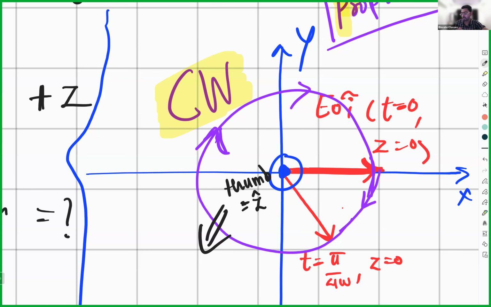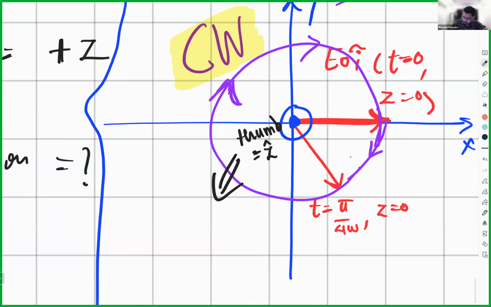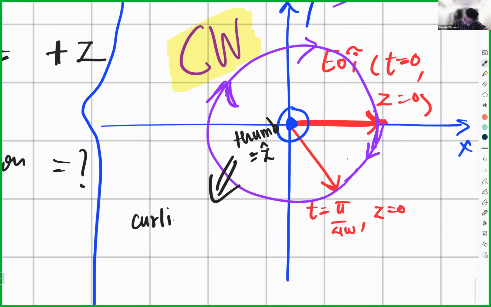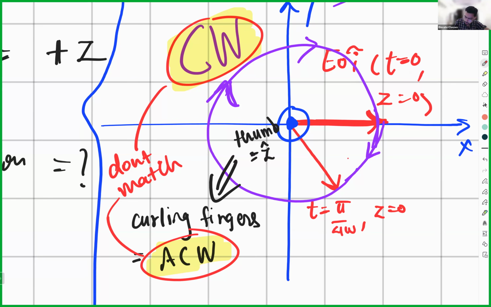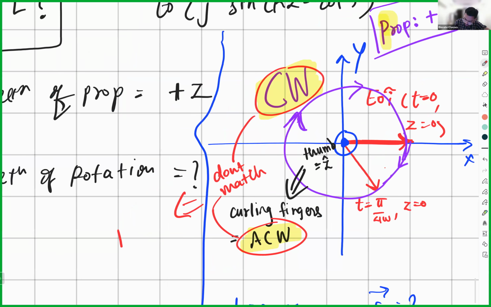So if my thumb is along plus z cap, my curling fingers are along the anti-clockwise direction. Because these two don't match, I have left circularly polarized light. Understood? So that implies it is a left circularly polarized light.